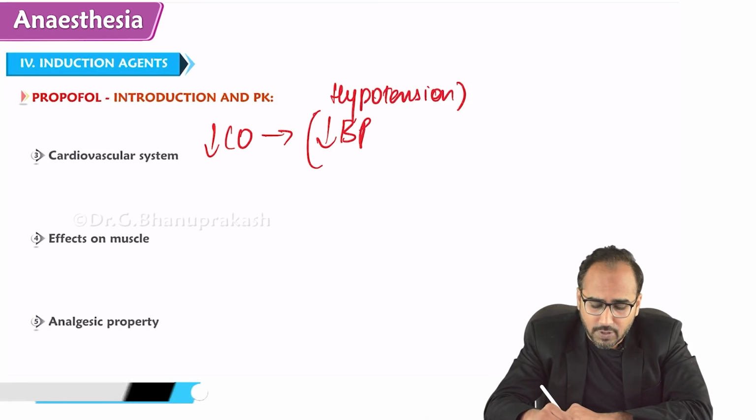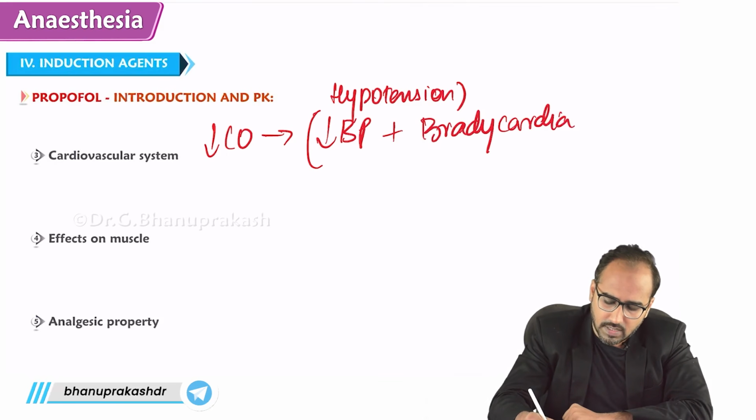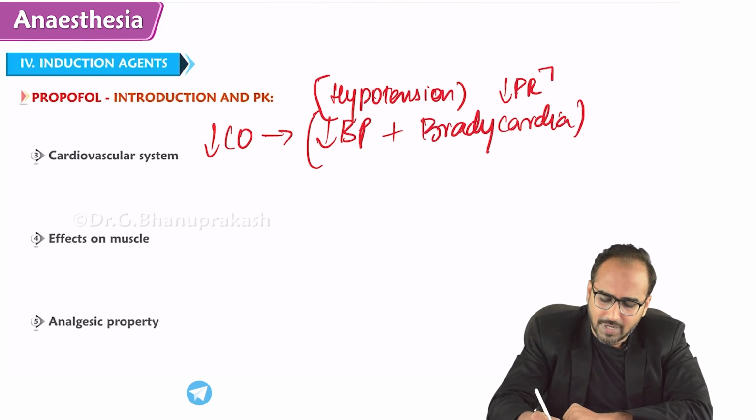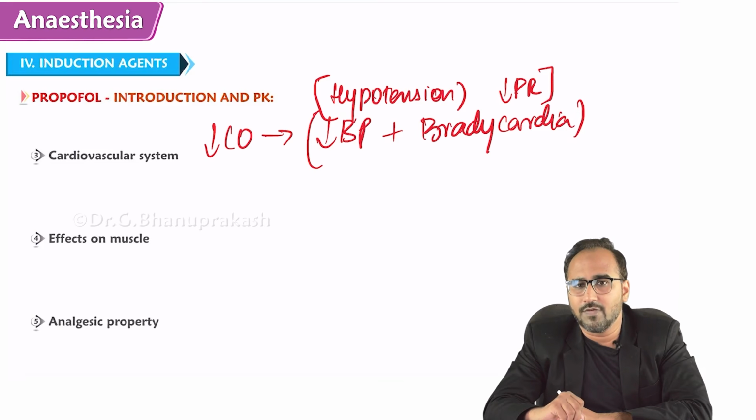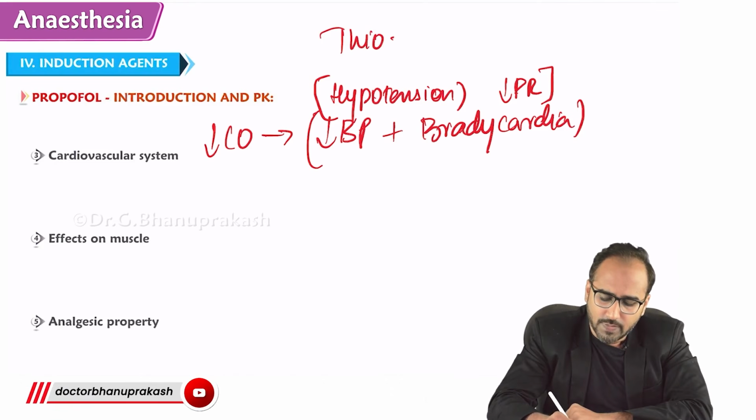Propofol causes hypotension and bradycardia, whereas thiopentone was causing hypotension and tachycardia.